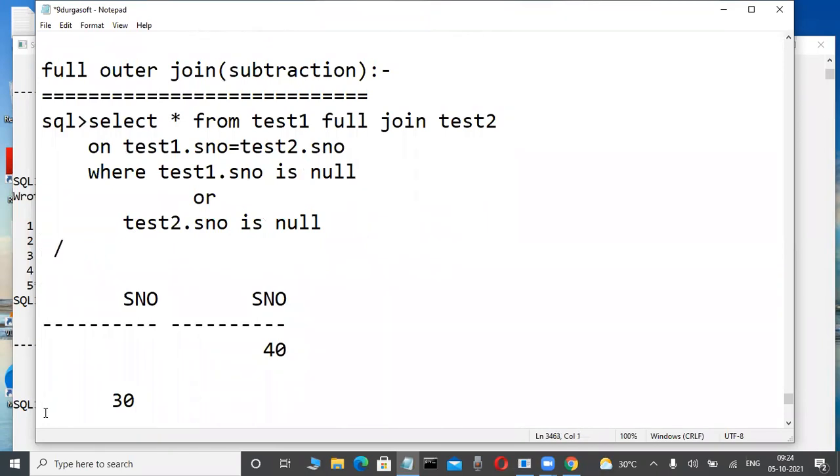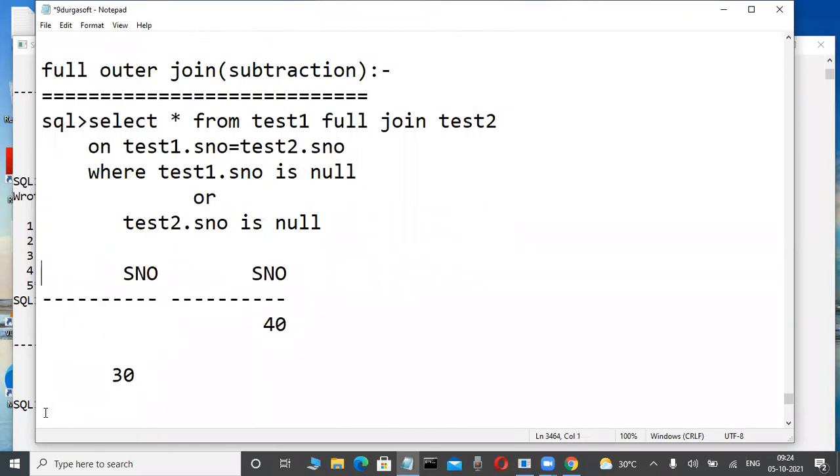This output, right? Only outer data, not the matching data. Opposite of the inner join.